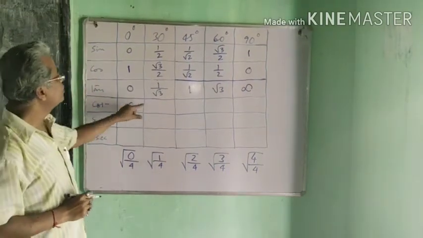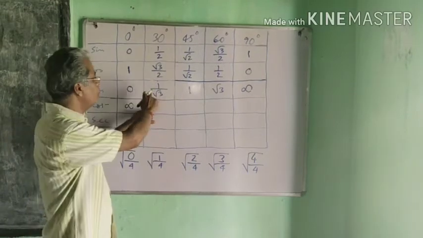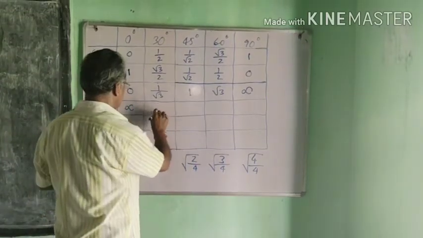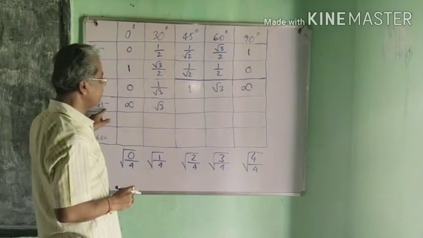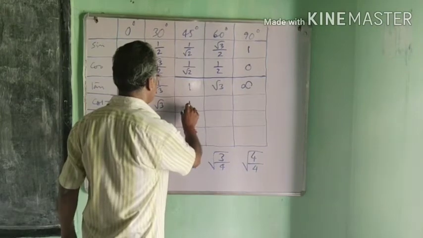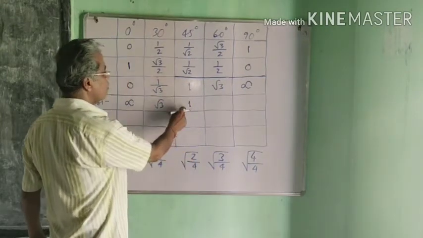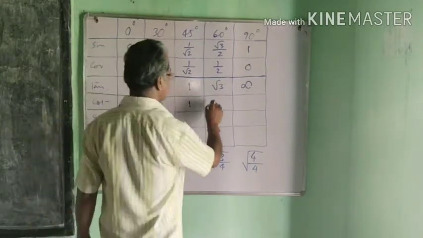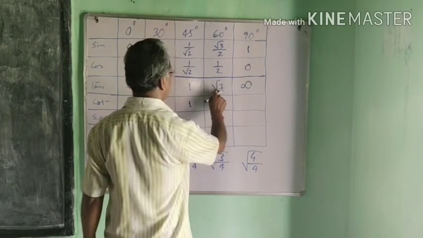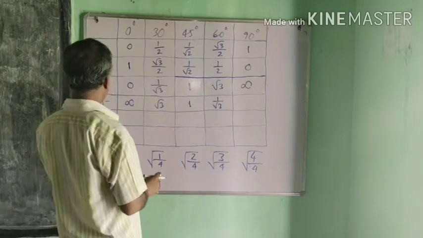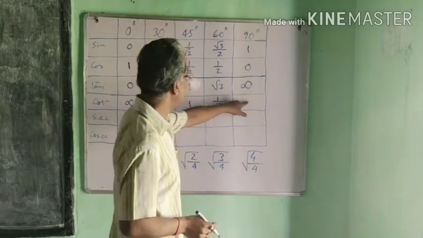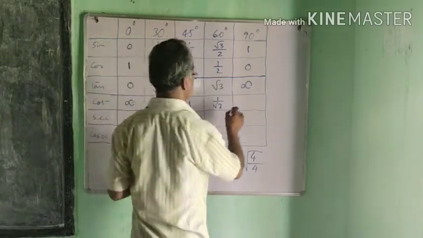Then cot 30 degree, 1 by tan 30 degree, 1 by root 3 reciprocal is root 3, also tan 60 is root 3. Then cot 45 degree is 1 by tan 45 degree, 1 by 1 is 1. Then cot 60 degree is 1 by root 3, reciprocal of this one. Now what is cot 90 degree? Cot 90 degree is 0.